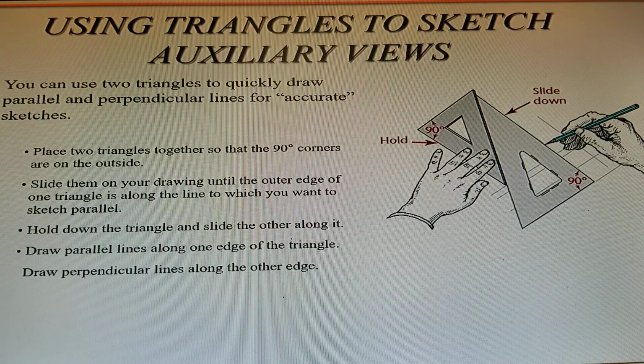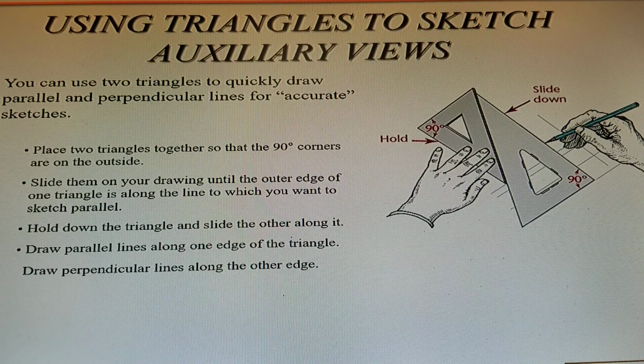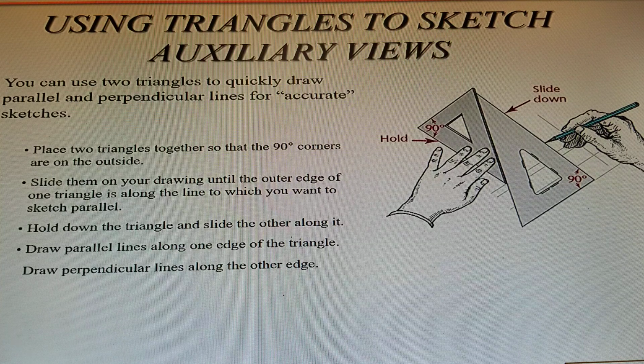Okay, old school stuff, using triangles to sketch auxiliary views. You can use two triangles to quickly draw parallel and perpendicular lines for accurate sketches. Place two triangles together so that the 90 degrees are on the outside.